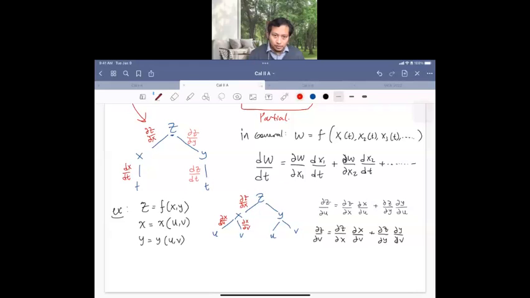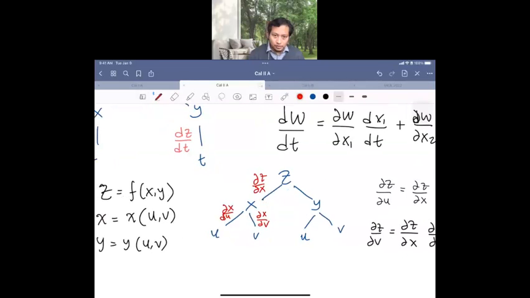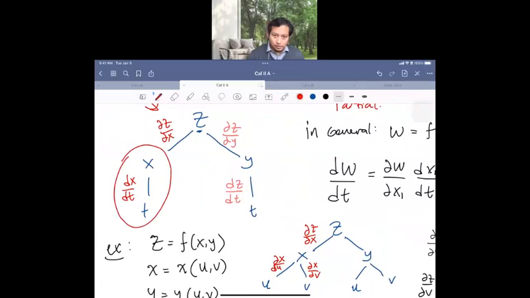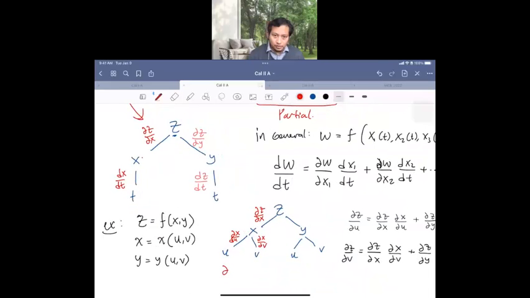In terms of writing, if you have branches like this, you write with Leibniz notation, but if you have just a single branch like x and t, we write with d, dx dt. That's the difference, to make sure that we write with consistent symbols.